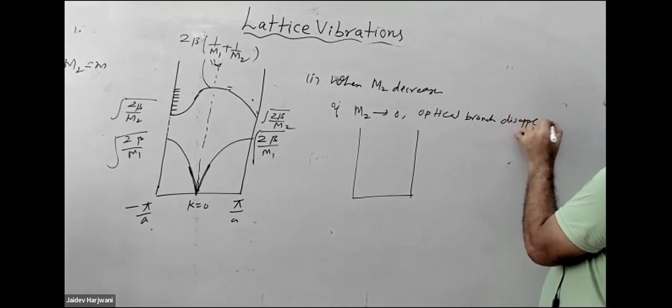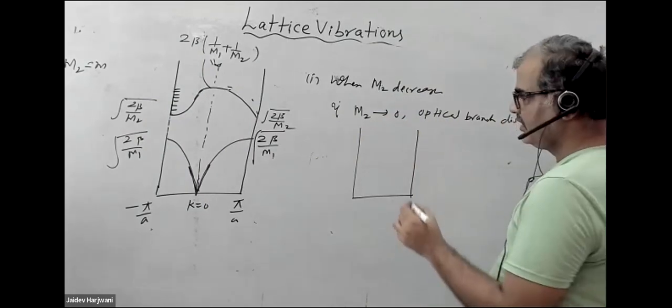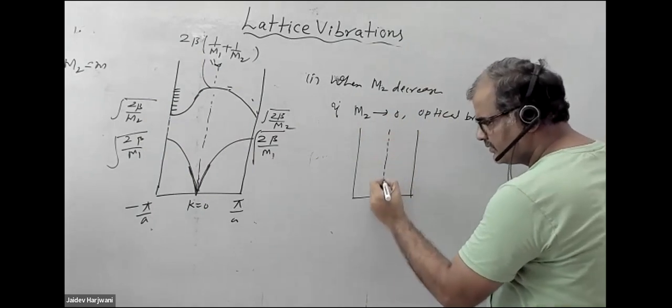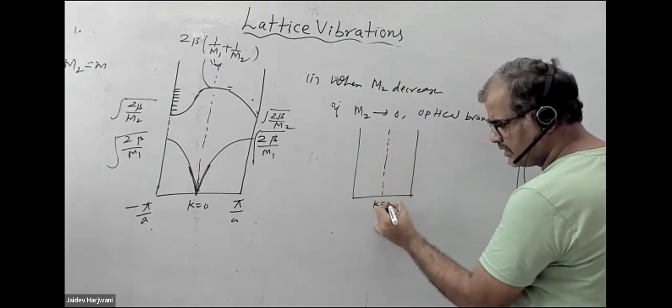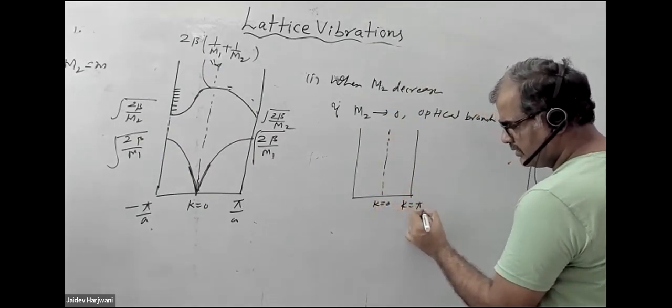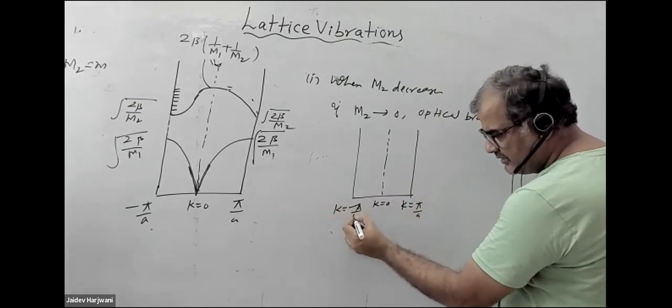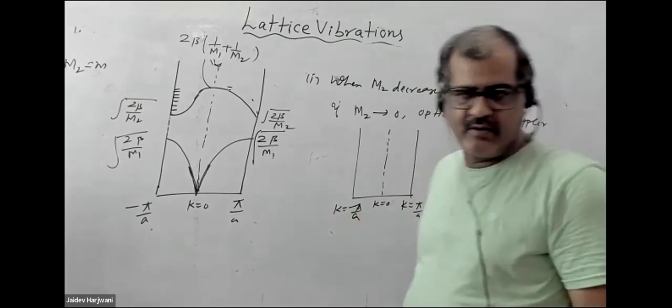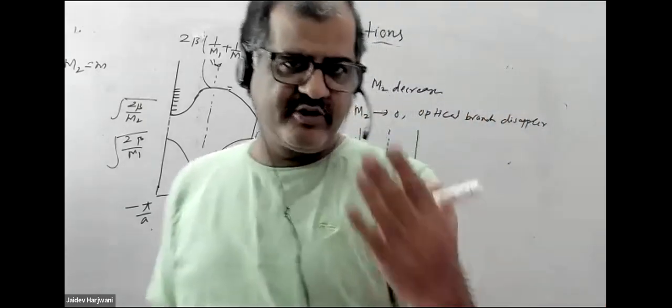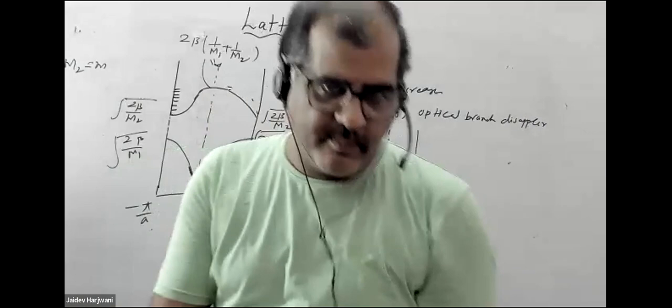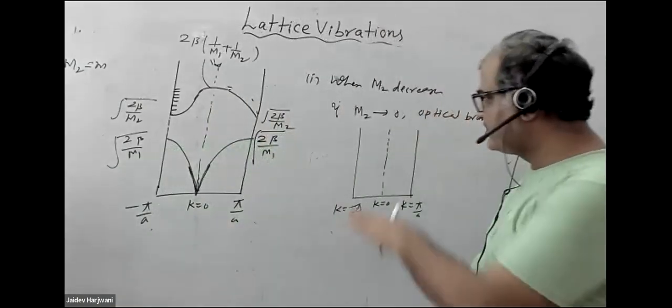Why will the optical branch disappear? Because if M2 is 0, that means you have only one atom now. You are monoatomic, and in the monoatomic case we have already seen that we don't have an optical branch.